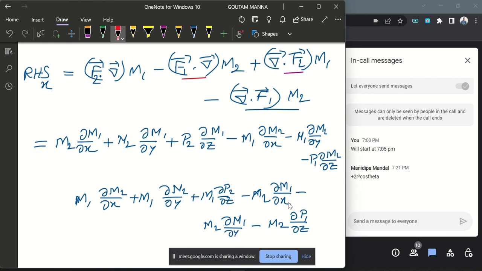So now if you see this, there is a plus sign. So this M1 del M2 del x, and here there is minus del M2 del x, so these two will cancel, and these two terms will cancel.